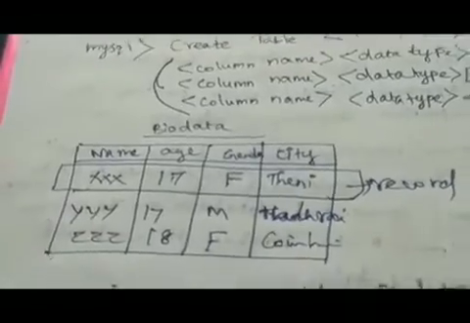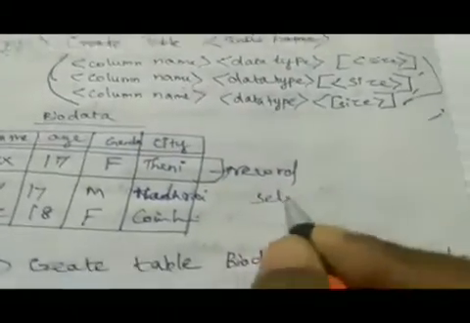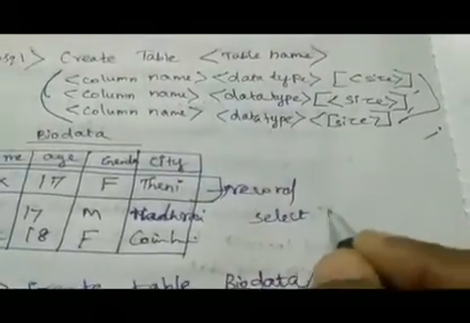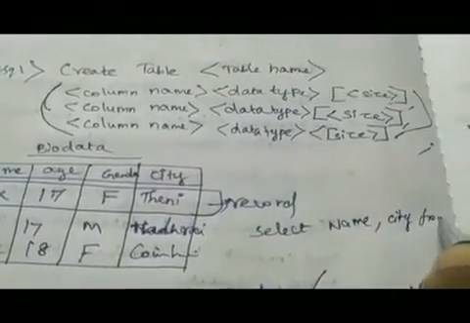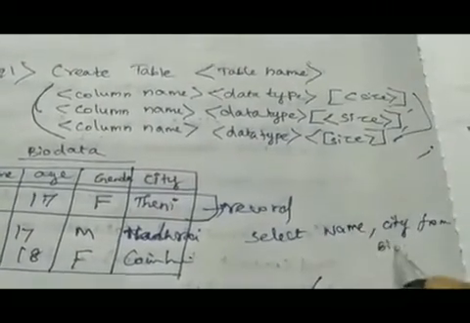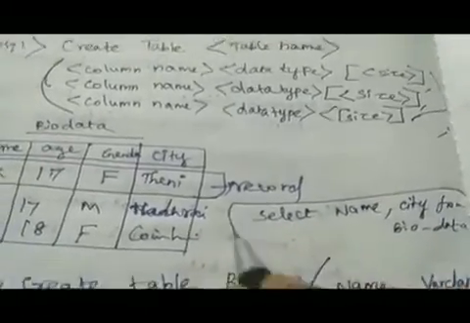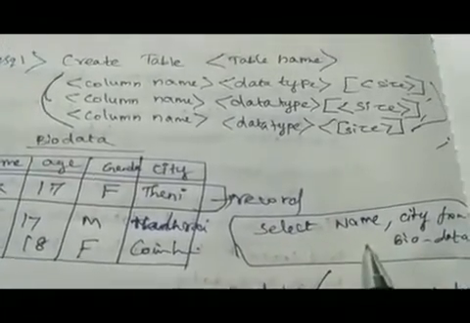If I specify the command select name, comma city from, what is the table name? Biodata. If I execute it, what is the output of this command?